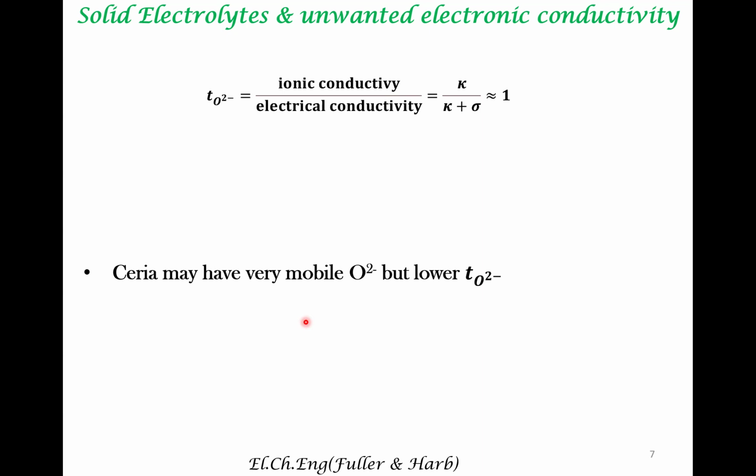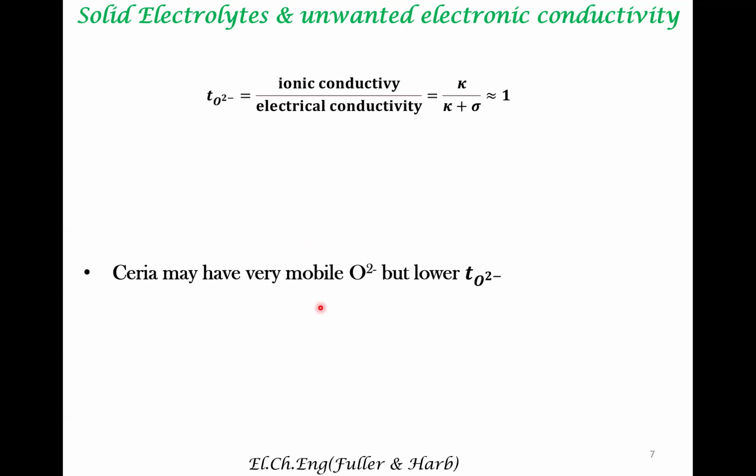The reason for this lower operational temperature of ceria electrolyte is that the oxygen anions are very mobile in ceria as compared to oxygen anion mobility in yttria stabilized zirconia.